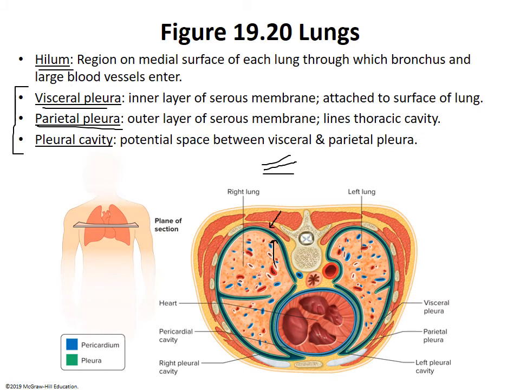And then the space that's between them, this space is what is referred to as the pleural cavity. That's important to know. A lot of people will try to think that this entire area here where the lung is, is the pleural cavity, and that's not. It is simply the space between the visceral and parietal pleura, and it's important to know that.